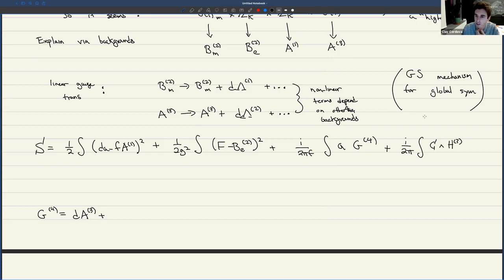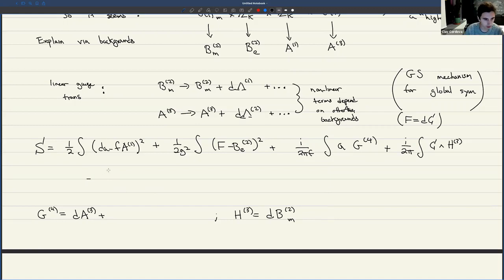Here F is dC, so C is the U1 dynamical gauge field, and H3 is something like the field strength of the two-form magnetic field. So far we've tried to write only the terms that we had for the theory separately, but not the interaction term. And of course, the interaction term is where things are going to get tricky.